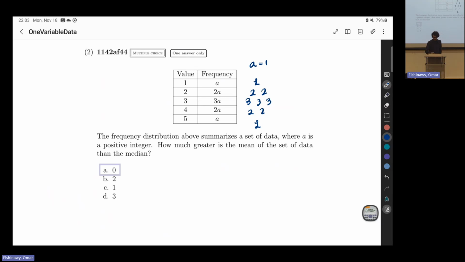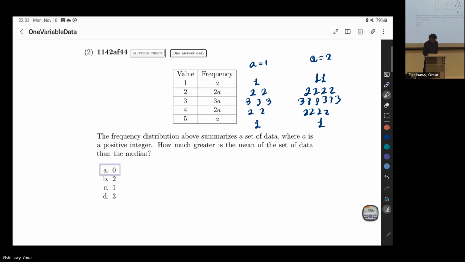Since the data is ordered in this very specific way, this is for A equal to 1. For A equal to 2, I just get 1, 1, 2, 2, 2, 2, 3, 3, 3, 3, 3, 3, 2, 2, 2, 2, 1.